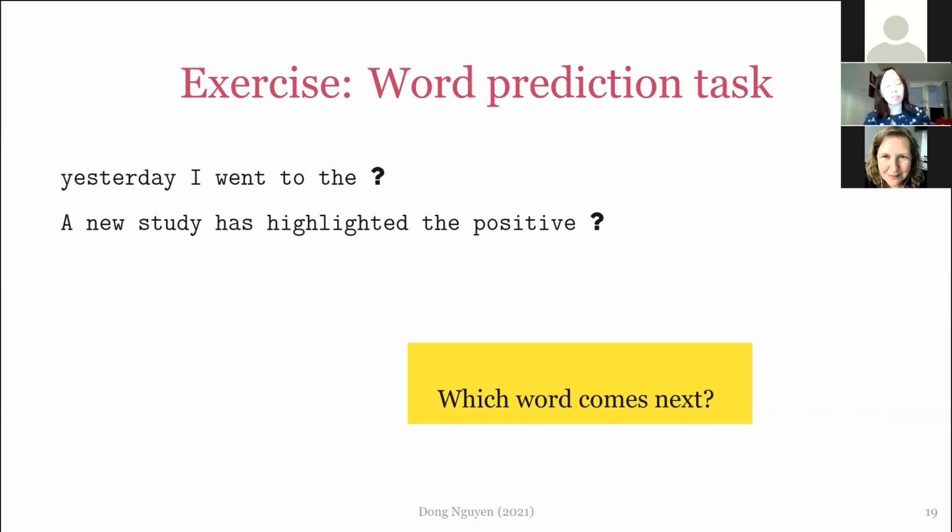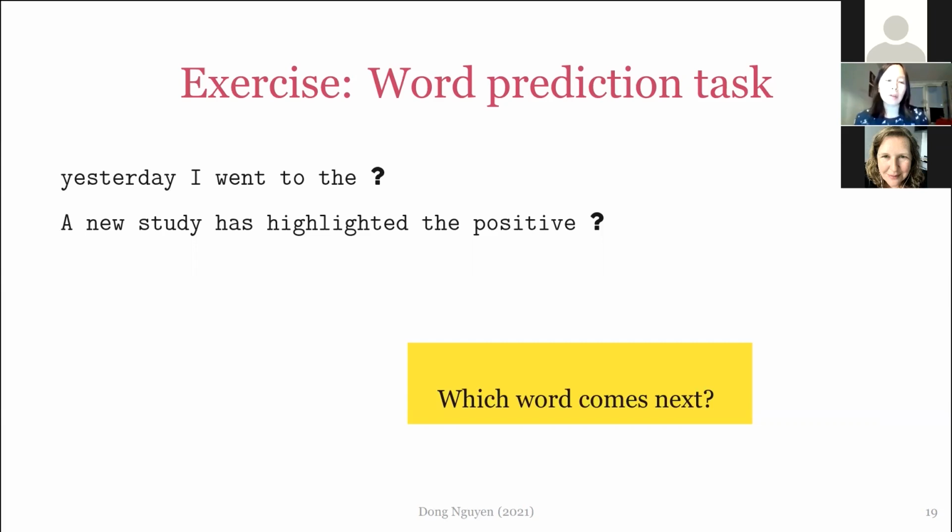You see that, for example, location words are much more likely than some other words. You wouldn't really say, yesterday I went to the "I," or something, right?